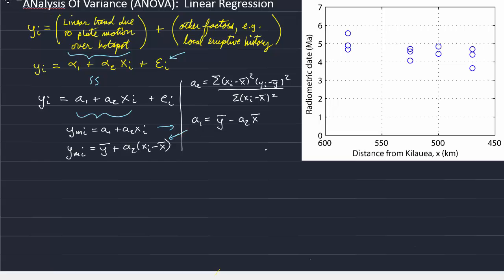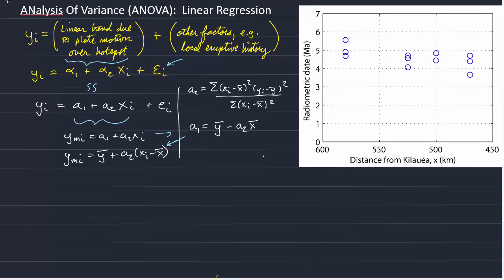As you recall, we had an example paired data set of radiometric ages from samples of 4 Hawaiian volcanoes, and the other data that we measured was the distance of each volcano from Kilauea. We described each radiometric age, which we called y sub i, as being caused by a linear age distance relationship because of the Pacific plate motion over the Hawaiian hotspot.